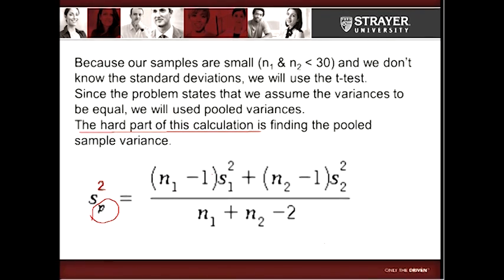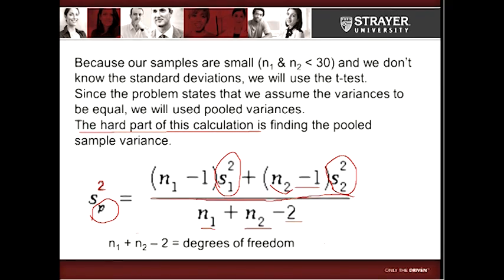This is the size of sample 1 minus 1, times the variance of that sample, plus the sample size 2 minus 1 times that variance, all divided by the degrees of freedom, which is n1 plus n2 minus 2. So your degrees of freedom is add your two sample sizes together and subtract 2.